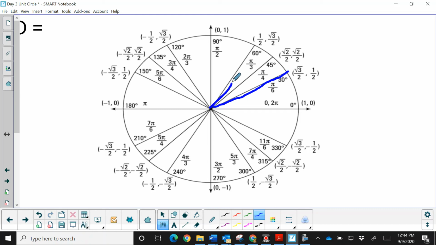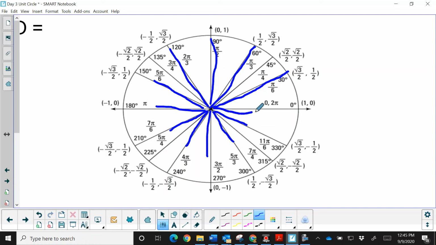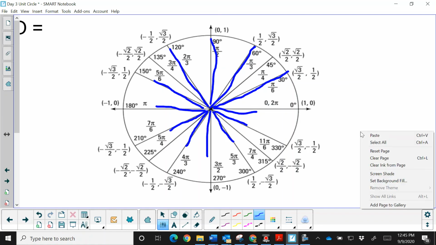Those 30, 60, 90, every time you're adding 30 degrees. 120, 150, 180. We'll add 30, 210, 240, 270, add 30, 300, 330, 360. So that's how to memorize the angles. Very easy, adding your 30s.